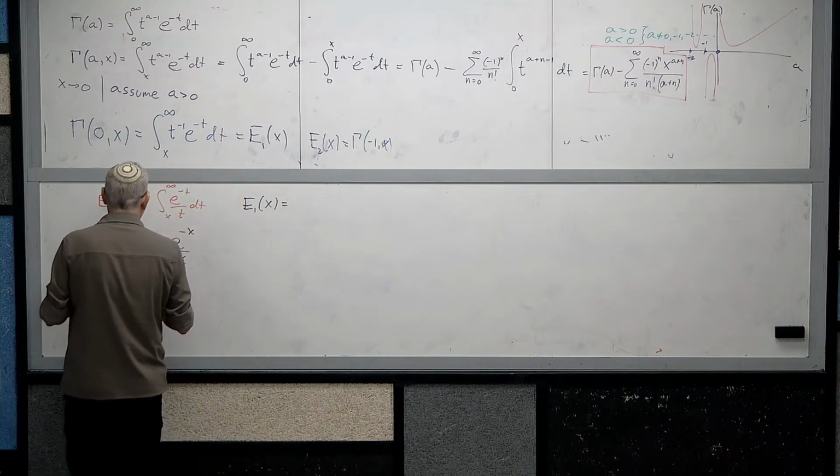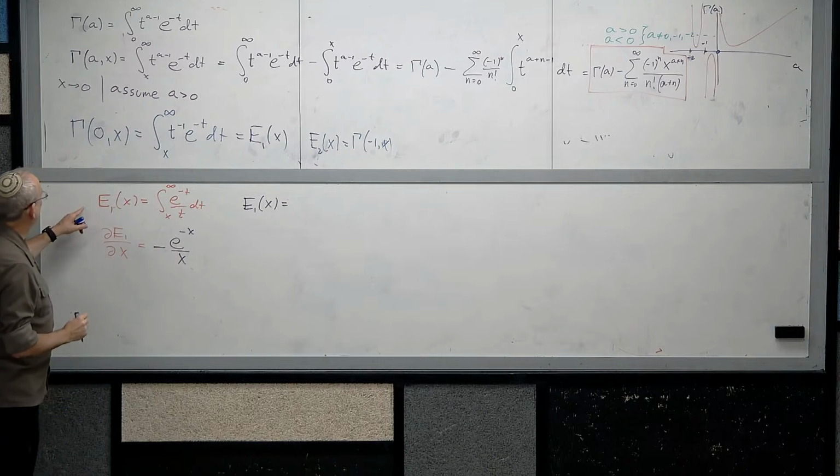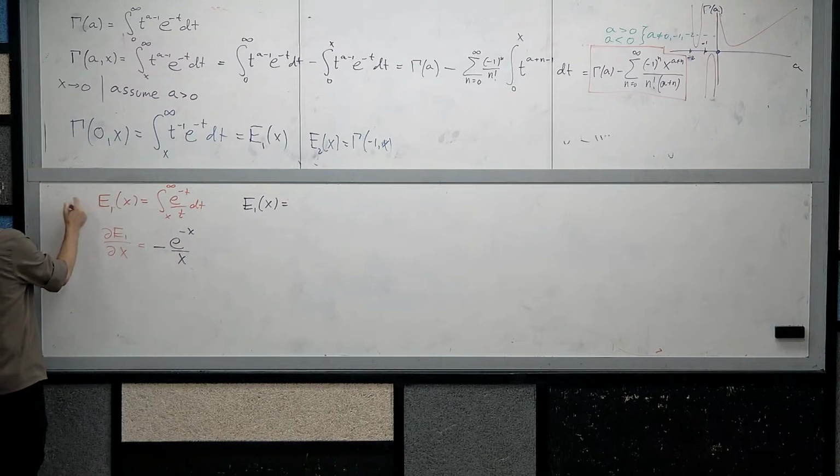Now we want, as I said, the asymptotics of this as x goes to 0.